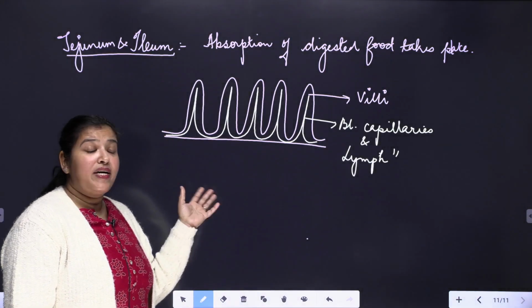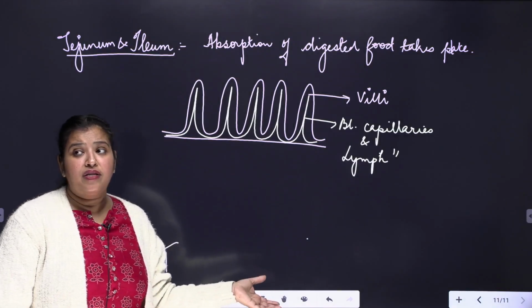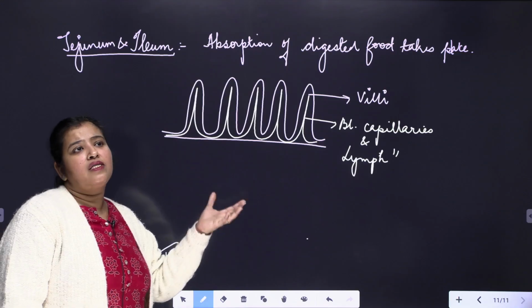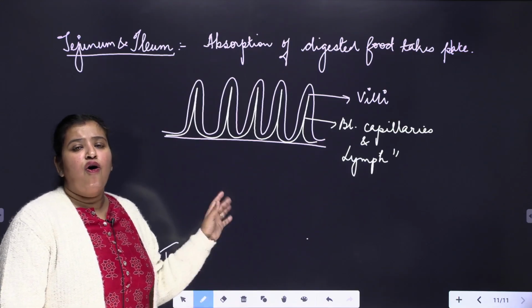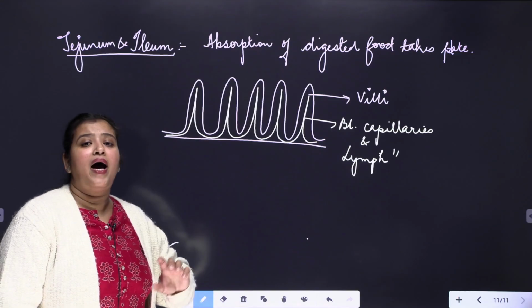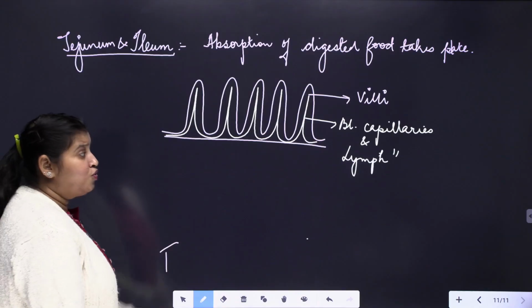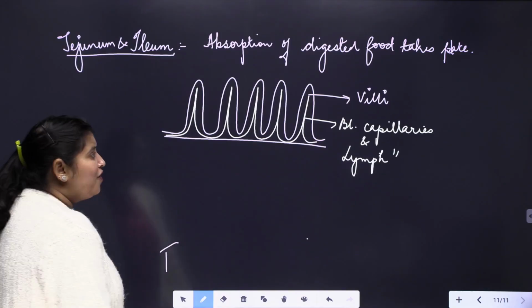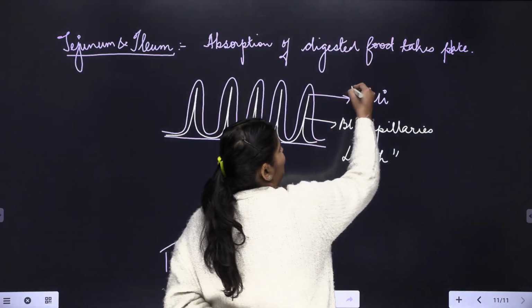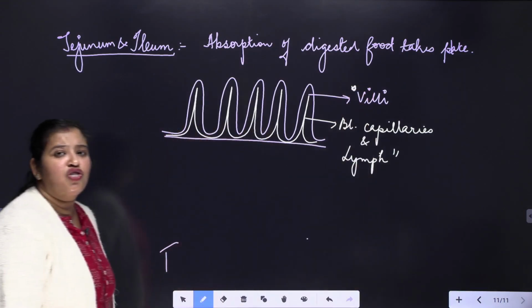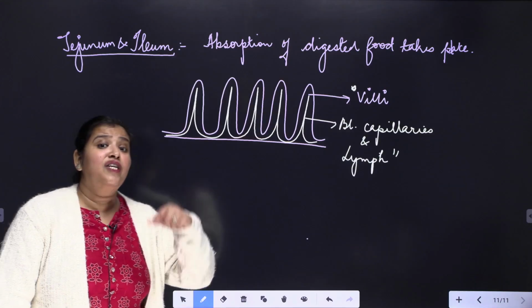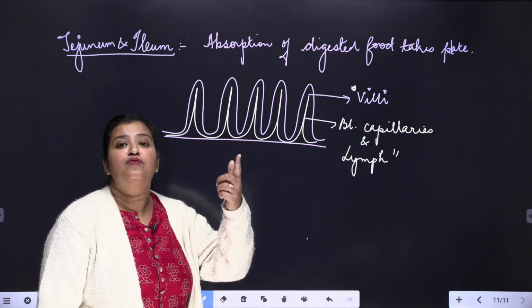So this question is usually asked again in the board exam: what is the anatomical feature of the small intestine, or why is it well adapted for this process of absorption? Two points you have to keep in mind. First, it has a number of finger-like projections called villi, which increase the surface area for absorption.